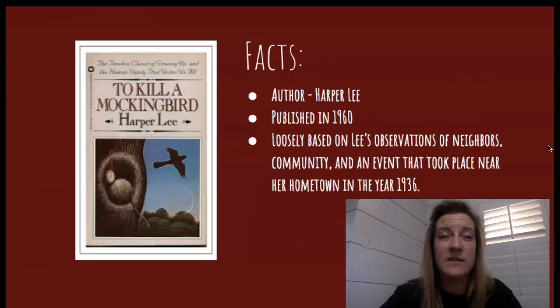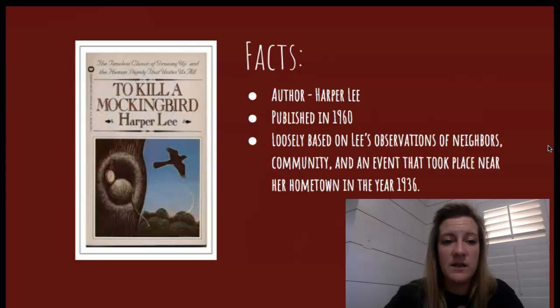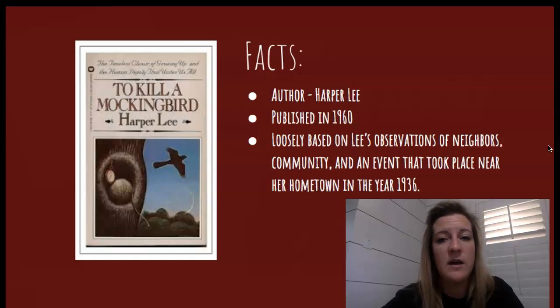They were kind of similar in time period, but the language was different, things that they said were different, extremes in the story. So it's about an African American man who was accused of a crime that he did not commit. And so the whole book is about the trial process and going through court and how people treated him and the relationships he had with people in his community.